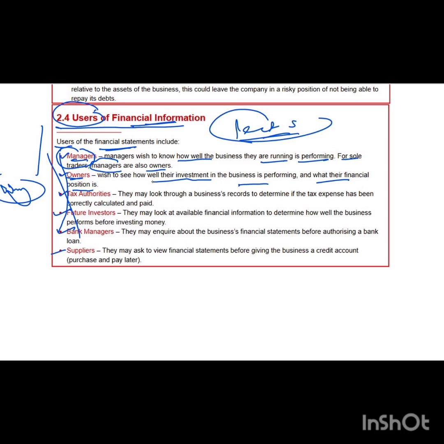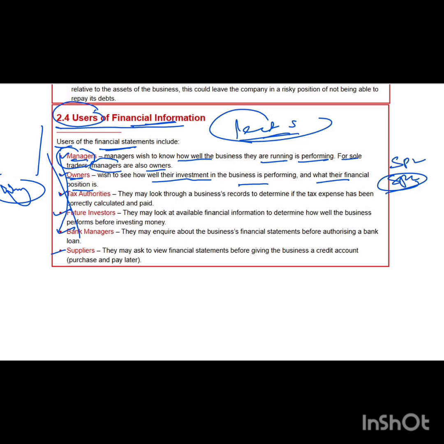We have discussed the statement of profit and loss, and the statement of financial position that shows the position of the business. For example, let's say we have a baker owner, and the baker owner checks the financial report to see how much profit was made. So this is the second user we have discussed.